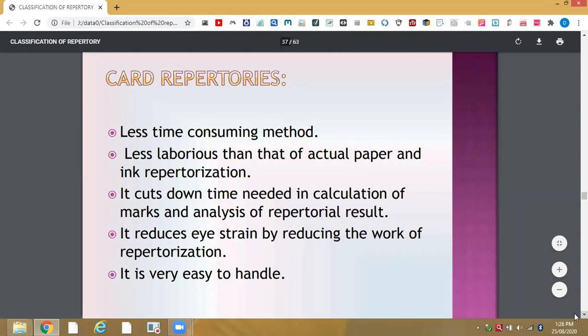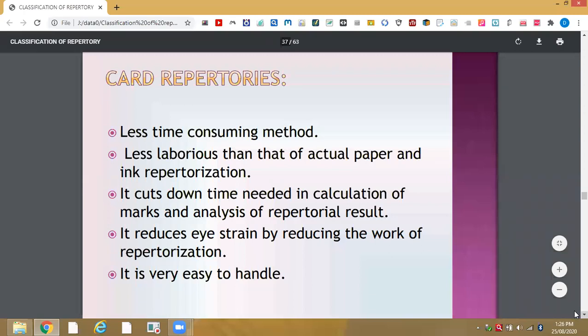Then it reduces the eye strain by reducing the work of repertorization. There is no need to do repertorization with repertory sheets, so it reduces the eye strain as well as the work of repertorization, and it is easy to handle. So this is the importance of card repertory.